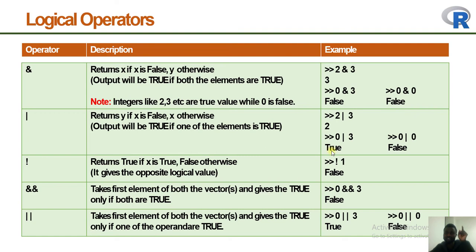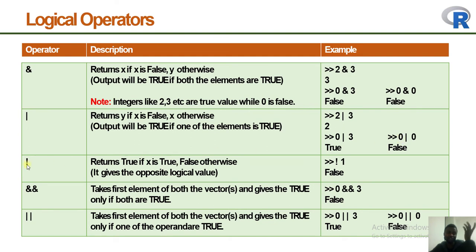Don't be surprised, because here it's false, but at least we have a true. As long as one of them is true, it prints out true as a result. The only condition that would make it not give us true is when we have scenarios where both elements are false. That's when we have it printing out false.